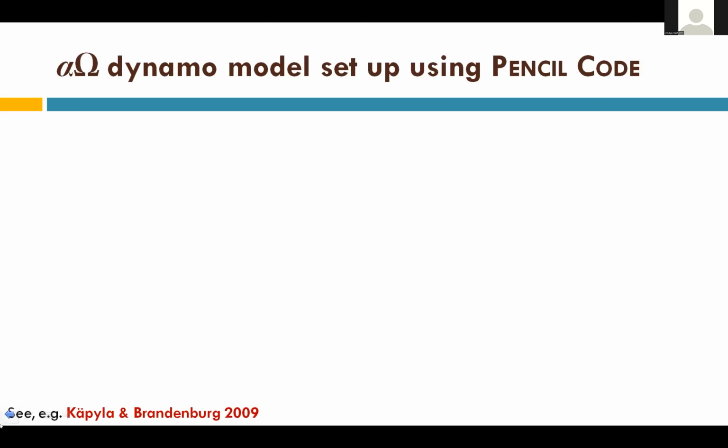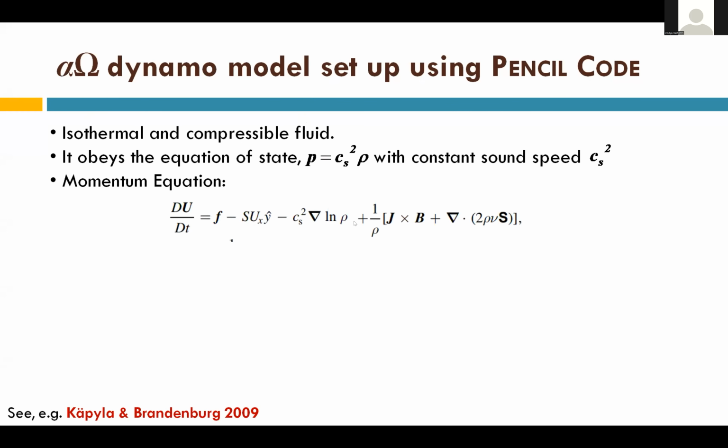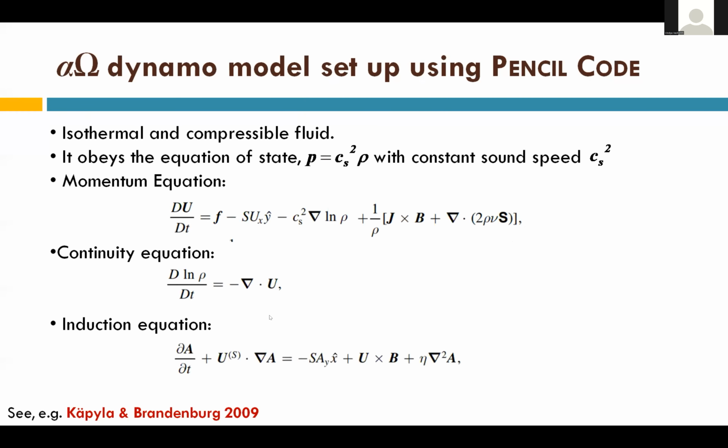For that, I have used the Pencil Code, in which our model consists of an isothermal and compressible fluid, which follows the equation of state. In this framework, the momentum equation is in this form, along with the basic continuity equation and the induction equation.